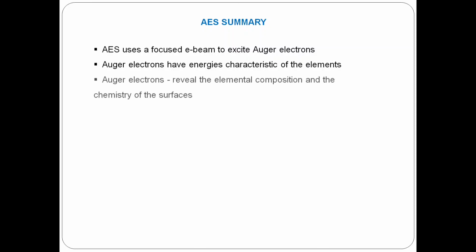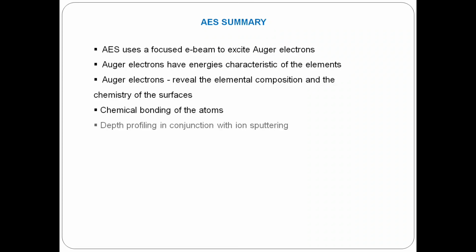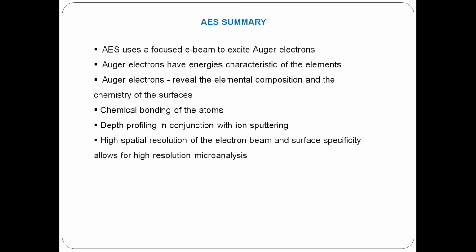Auger electrons reveal the chemical elemental composition and chemistry of the surface. They also provide the chemical bonding of the atoms with that surface. It also provides depth profiling when ions strike the surface. It also provides a high spatial resolution of the electron beam, and surface specificity allows for high resolution microanalysis.